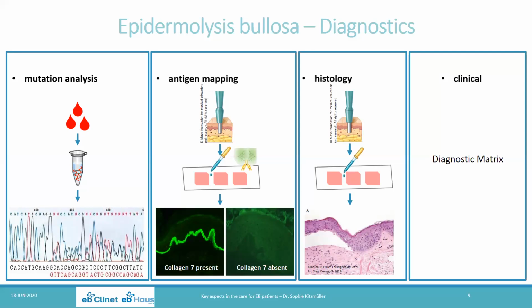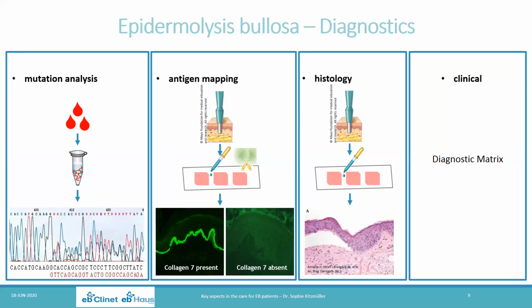That's why antigen mapping is also a good way to localize and define the subtype of EB that the patient is suffering from. This is done by taking a skin sample, so a punch biopsy, making ultra thin slices, and then staining the skin sections with antibodies coupled to a fluorochrome.